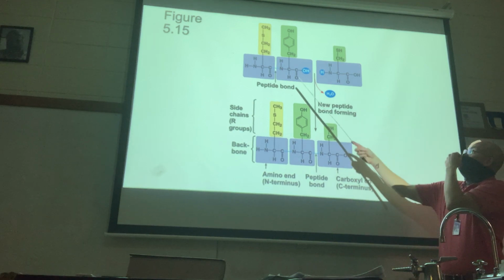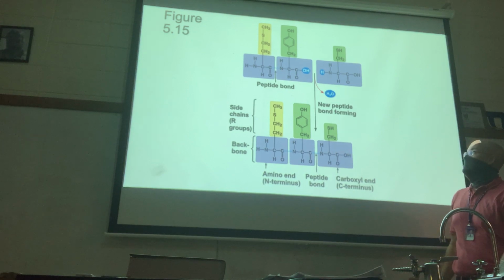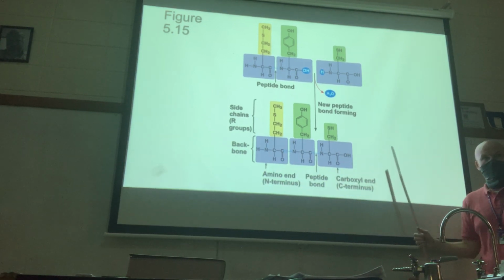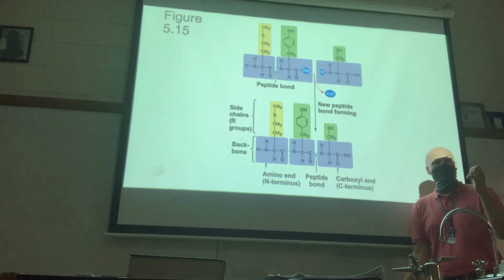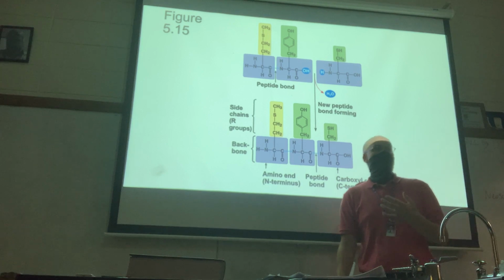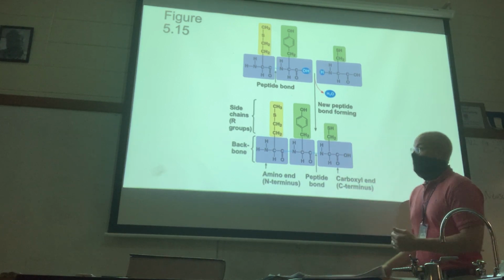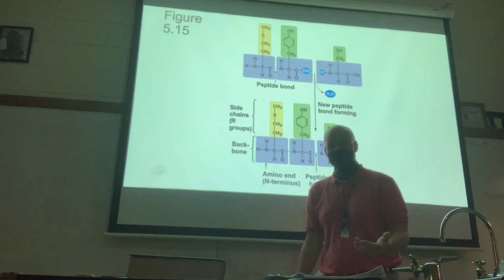Now, as you start forming these peptide bonds, by bonding these amino acids together, you begin to make a long chain of amino acids. But it might not be a protein yet. We have a word for chains of amino acids. We use the prefix meaning many, which is what?